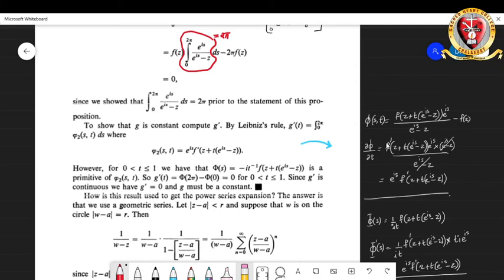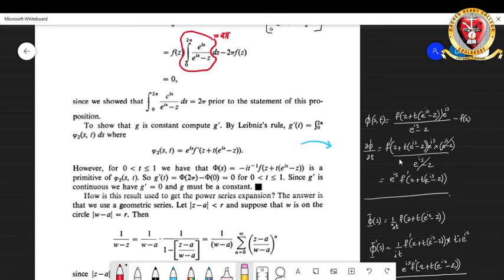So dou phi by dou t will be equal to f dash of this quantity into e raised to is into the derivative of the term sitting inside with respect to t. So you get e raised to is minus z, and the denominator will be a constant, e raised to is minus z.